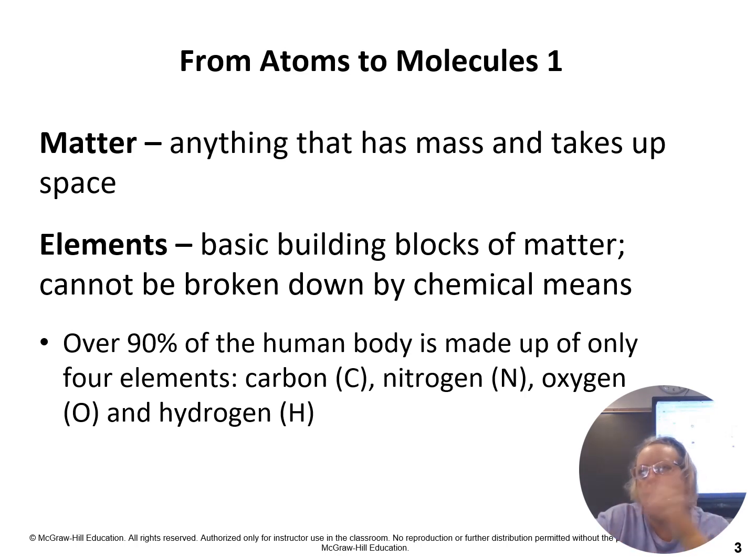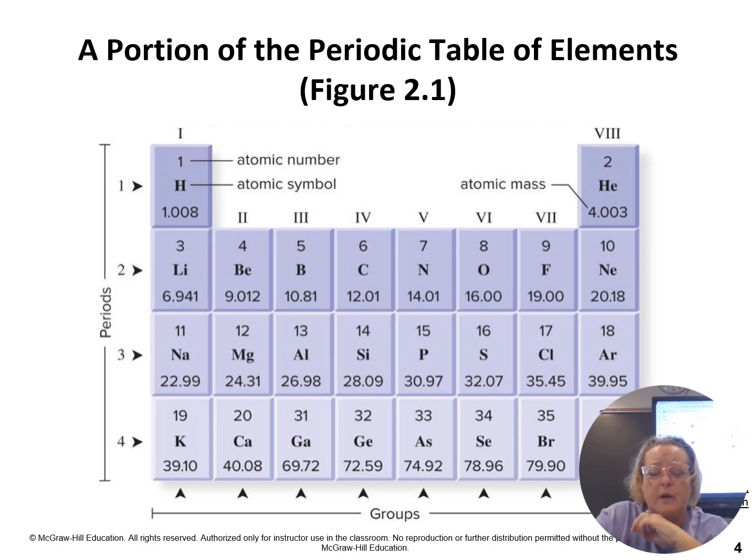There's magnesium, there's calcium, there are a lot of other ones in there, but 90% of the human body is carbon, nitrogen, oxygen, and hydrogen. That's the basis for organic chemistry. It's also the basis for biochemistry. Those are the ones we're going to talk about more often than not because they make up 90% of the body.